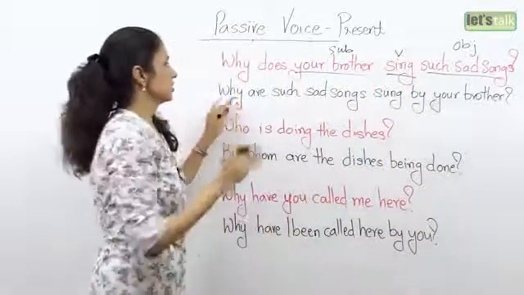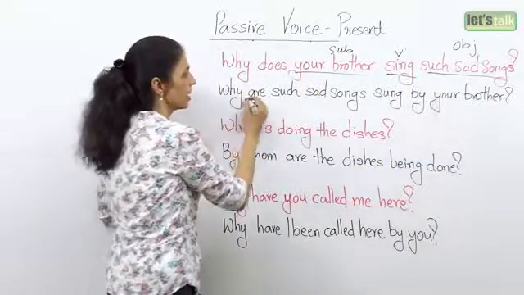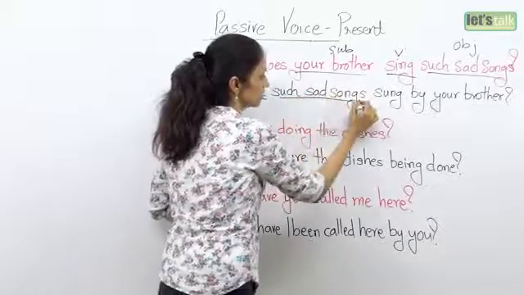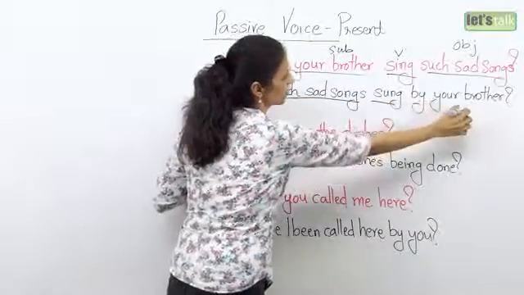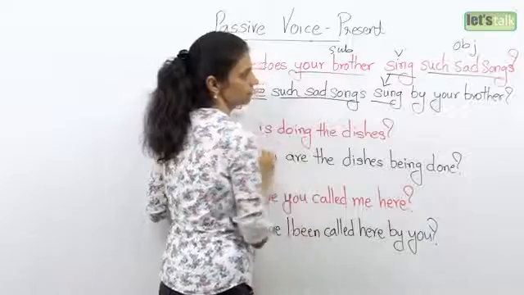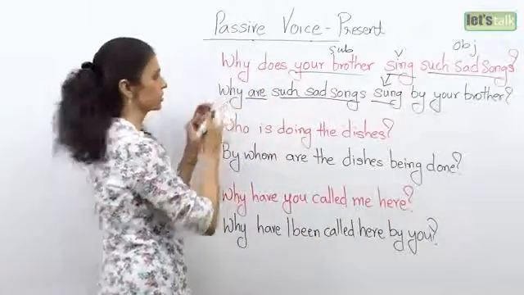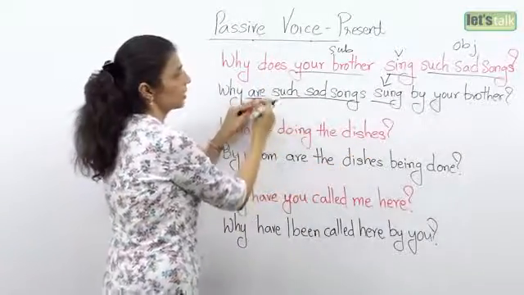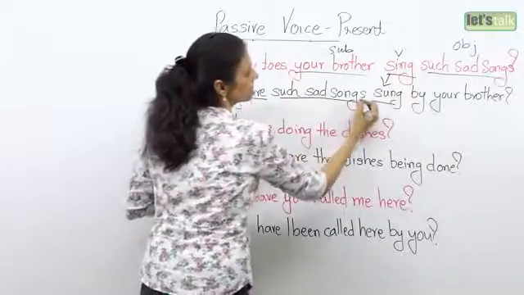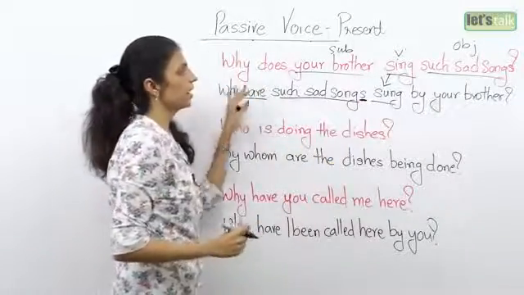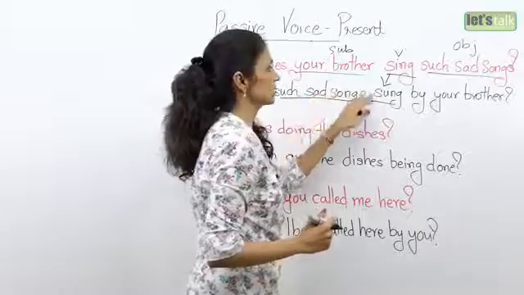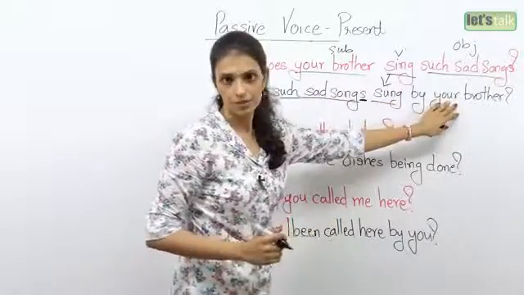So here it is for you. Why are such sad songs sung by a brother? You've put the verb in the third form, all right? You've interchanged the subject and object, and you've put are as an auxiliary verb because there are many songs. So why are such sad songs sung by a brother?